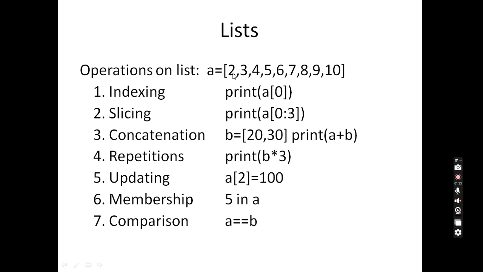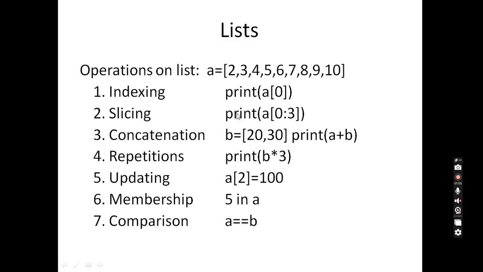The first element represents index number 0, second element index number 1, and third element index number 2. Like that indexing will go. We can access an element using indexing. If I want to access element 2, I can give a of 0.